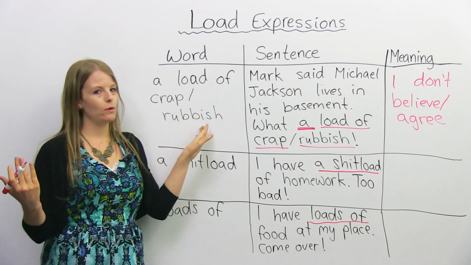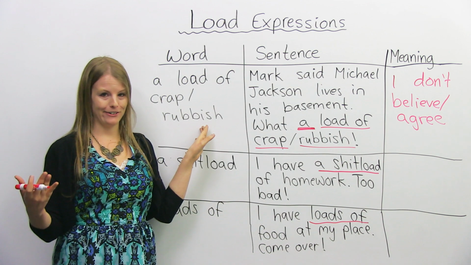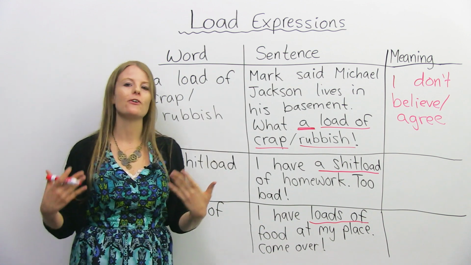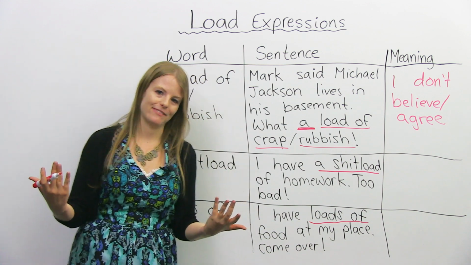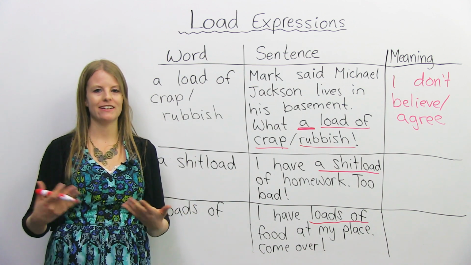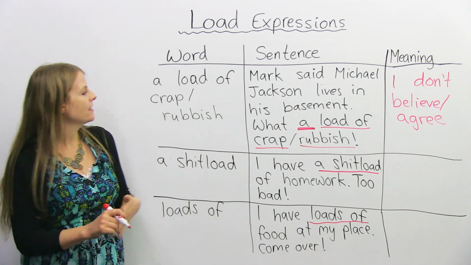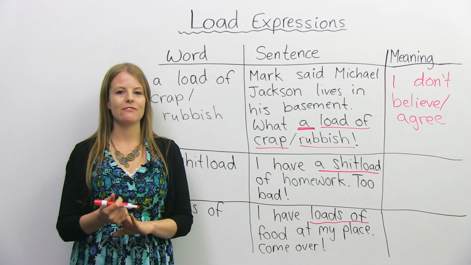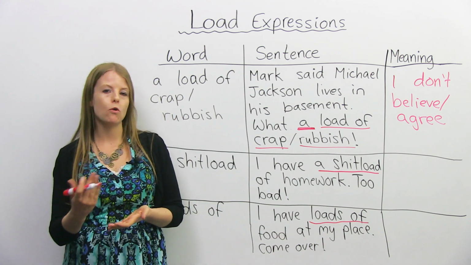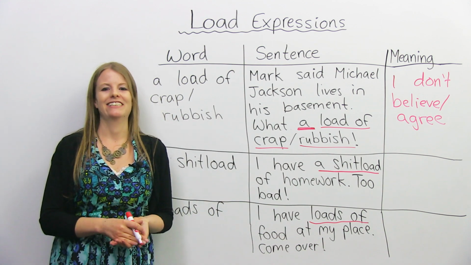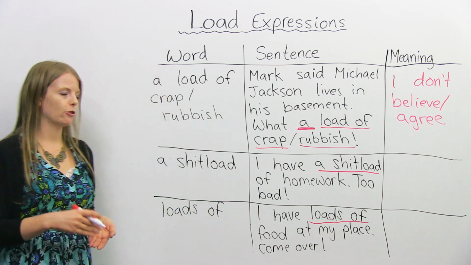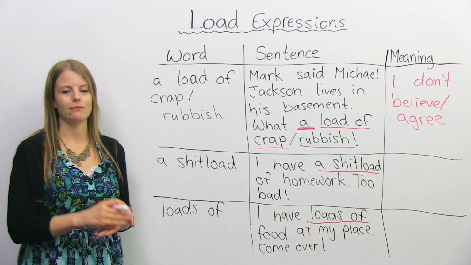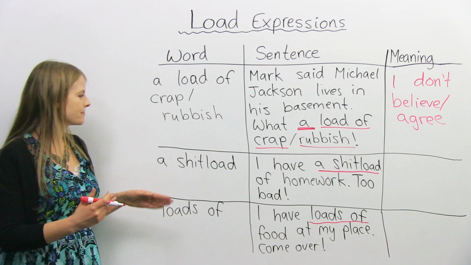This expression we would not use at university on an essay. It's for using with your friends. So it's informal, it's slang. But it's really common. If you don't agree with somebody, or if you think they're lying, you can say, what a load of crap. Or what a load of rubbish if you're in England.